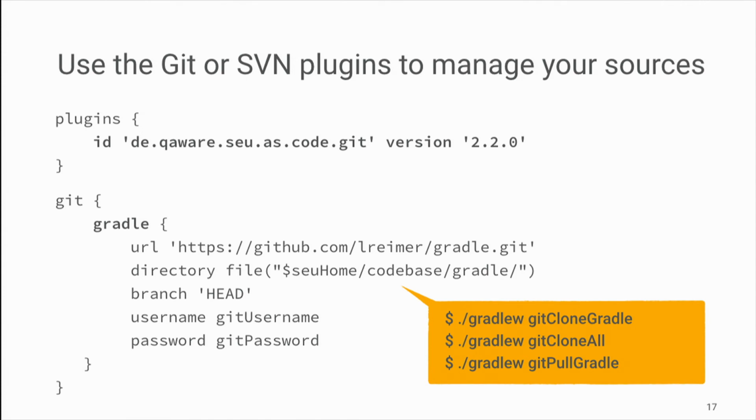So if you have a Gradle repo here, for Git you get git pull Gradle, git push Gradle, git clone Gradle, plus the added git clone all in case you have multiple tasks. I think it's a nice and clean syntax. That's the whole point of Gradle, having to write less and in a more expressive way.